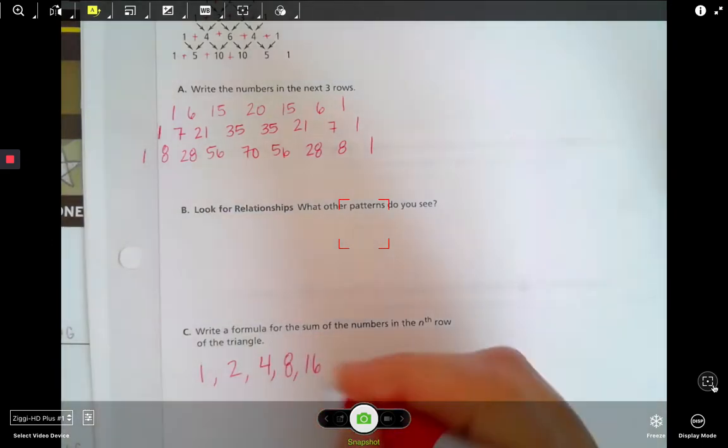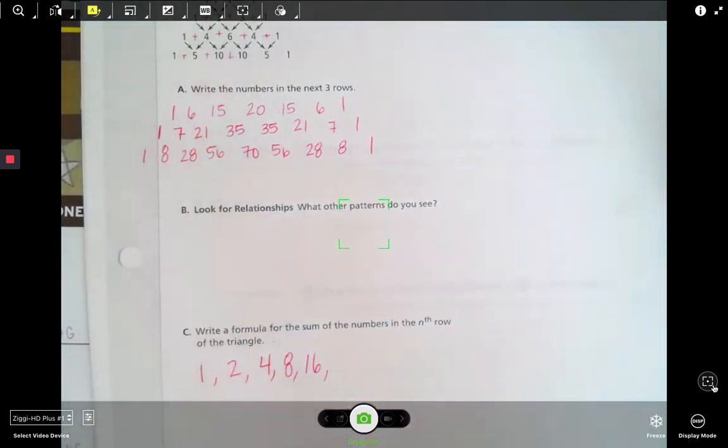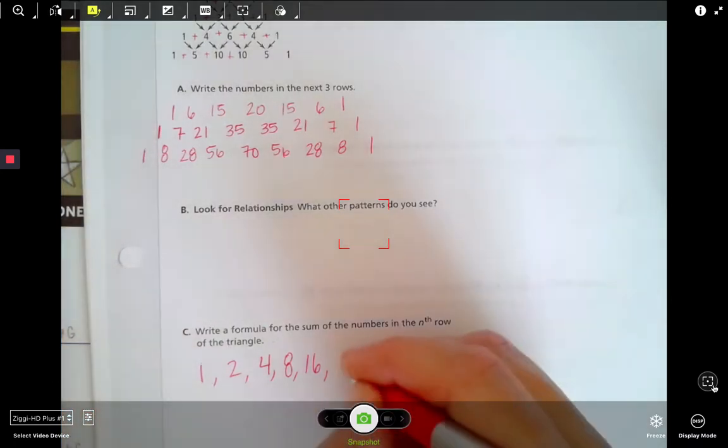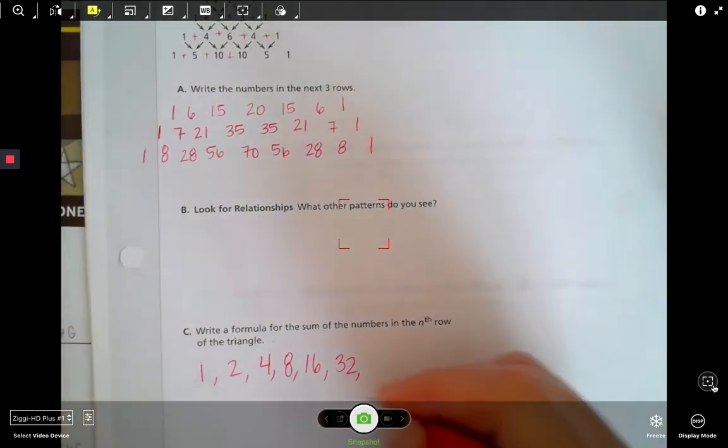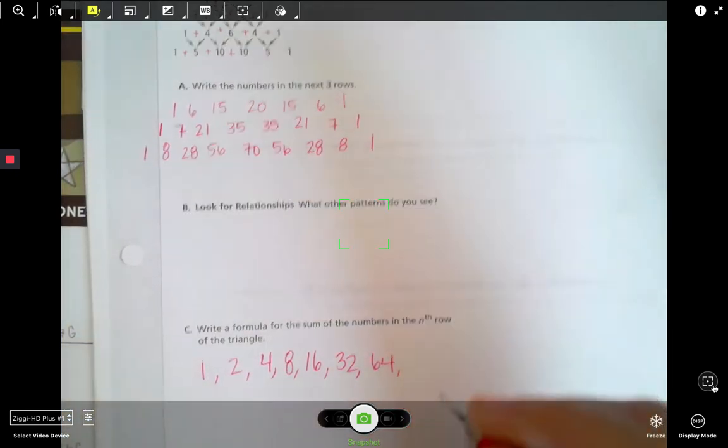Starting to get into some bigger numbers. That's 32, I think. 1 plus 5 plus 10 plus 10 plus 5 plus 1 is 32. 1 plus 6 plus 15 plus 20 plus 15 plus 6 plus 1 gives me 64.